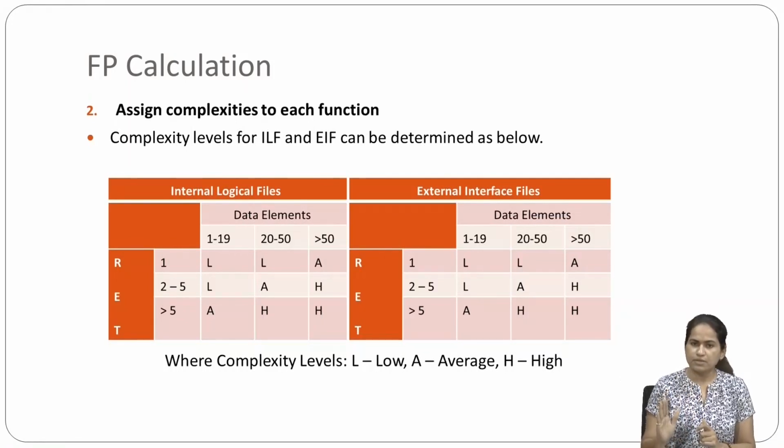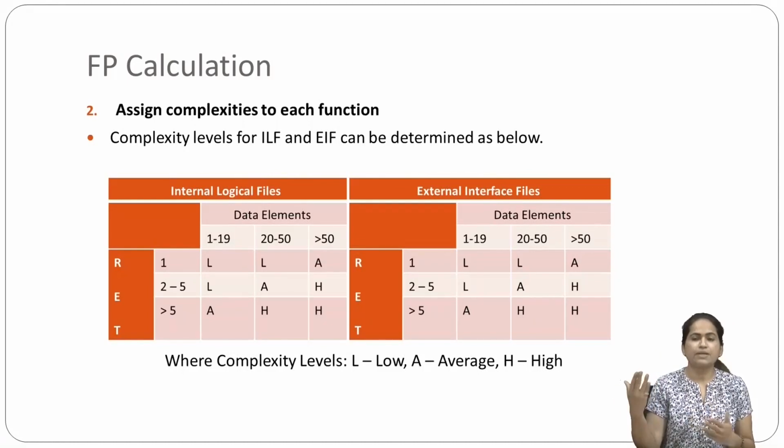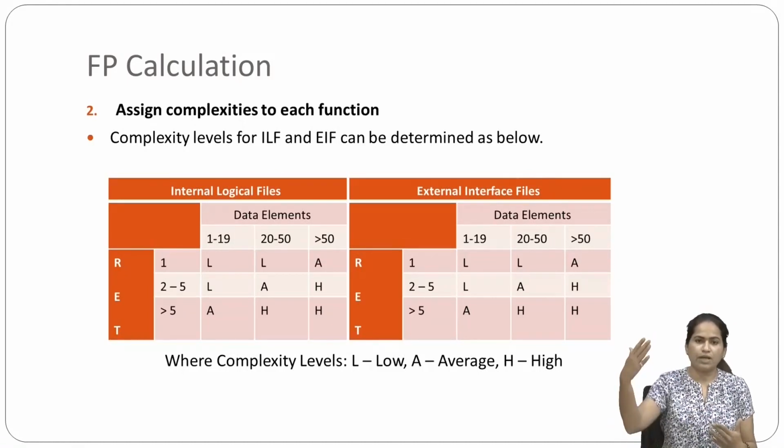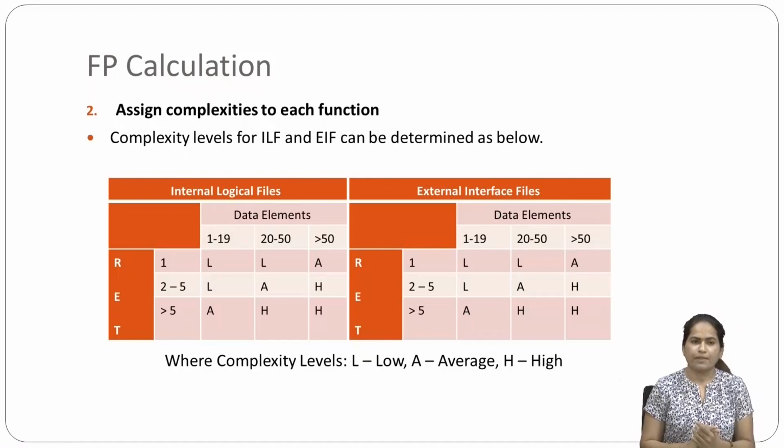L represents low, A stands for average and H stands for high. Now suppose your RET is 1 and data elements are 20 to 50, then it will have low complexity. RET is 1 and your data elements are greater than 50, then it will have average complexity.